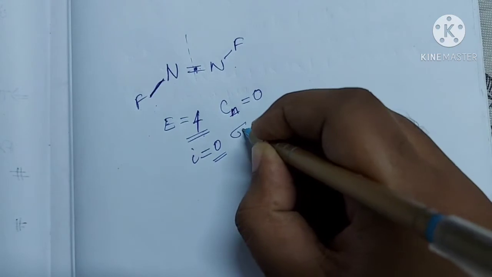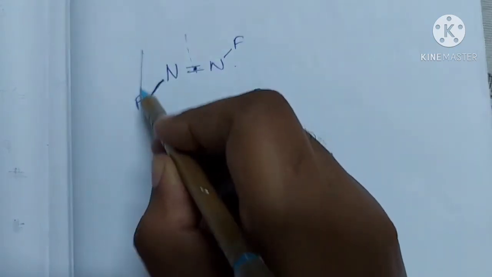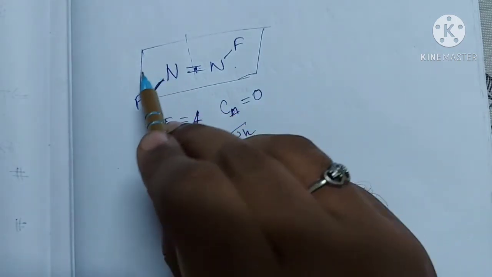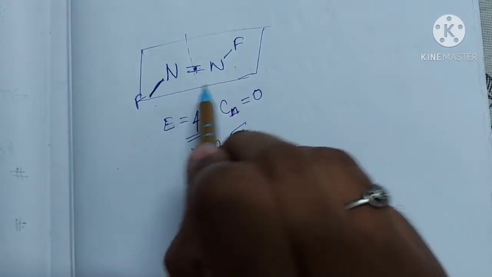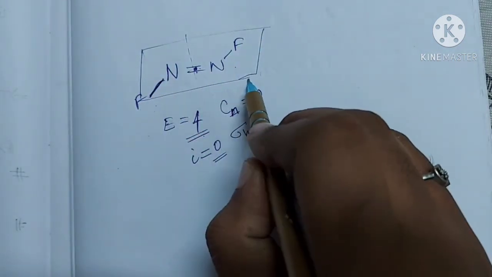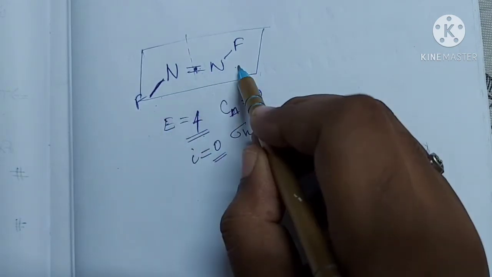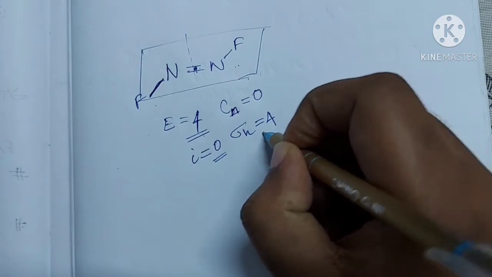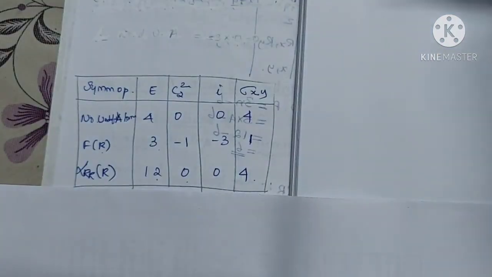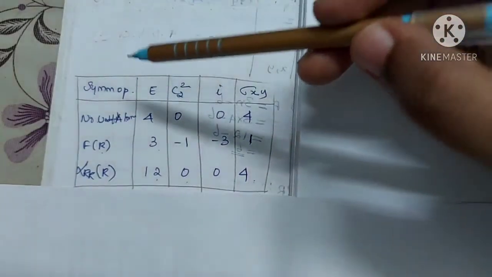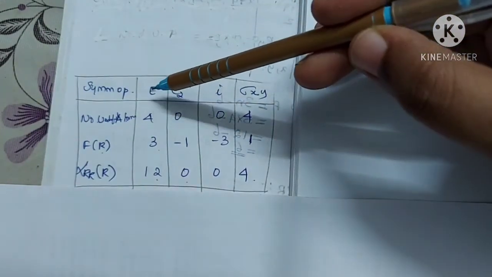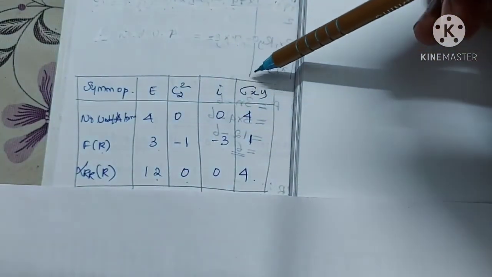The last one is sigma H. Sigma H is the XY plane, that is the plane of the molecule. When we pass a mirror plane along the plane of the molecule, all the 4 atoms remain unshifted, so we have 4 unshifted atoms. Now we represent it in this table: the symmetry operations E, C2Z, i, sigma XY.